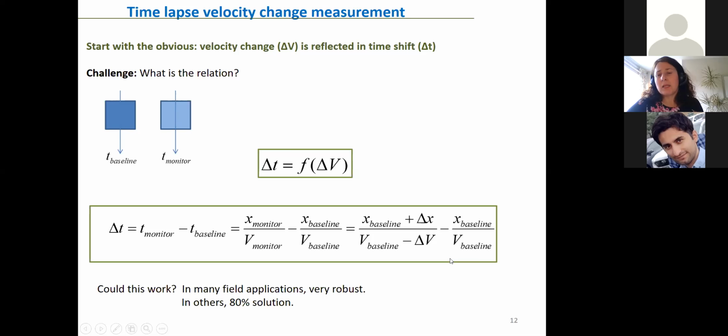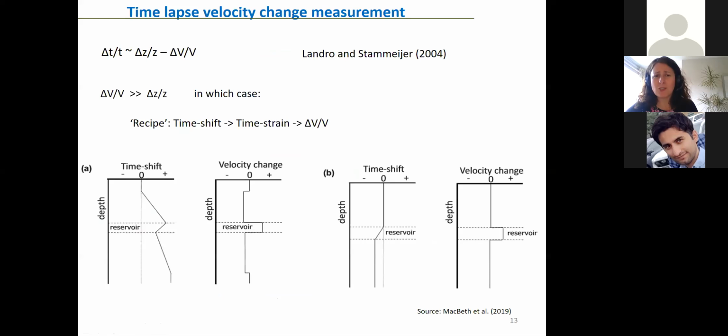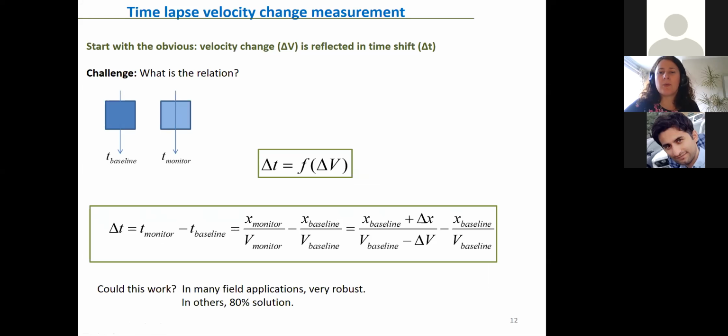Now, if it's so simple, why don't we just stop there? And in fact, it works quite well, but it doesn't always work. Okay, so we're gonna try to see why not. So first, let's just say we derived this equation here.